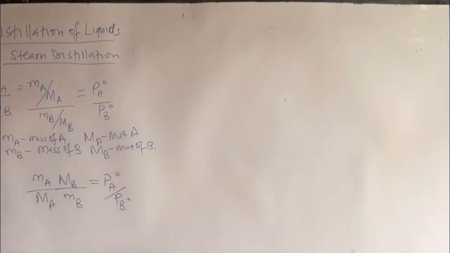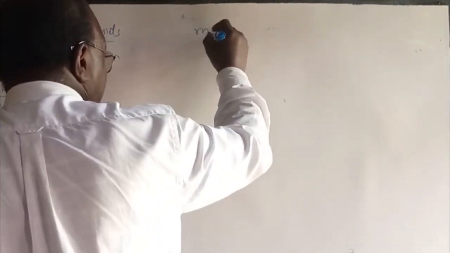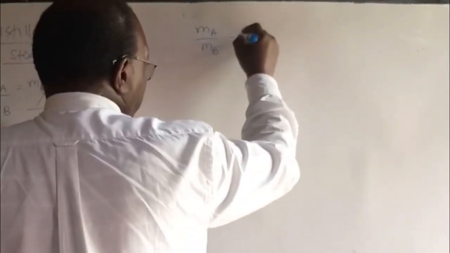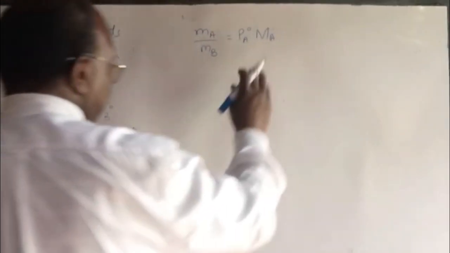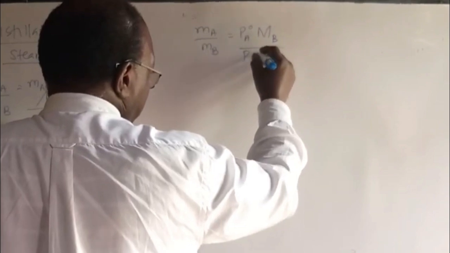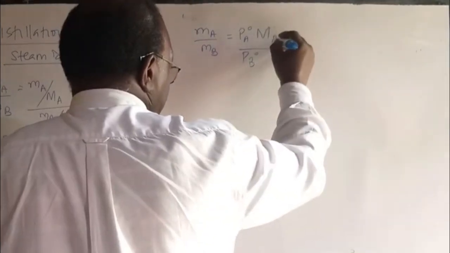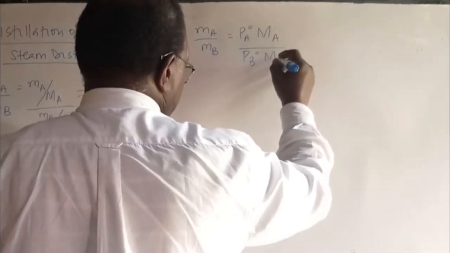And so if we rearrange this to find out the masses of the components in the distillate, we will have MA over MB is equal to PA naught times the molecular weight of A, over PB naught times the molecular weight of B.